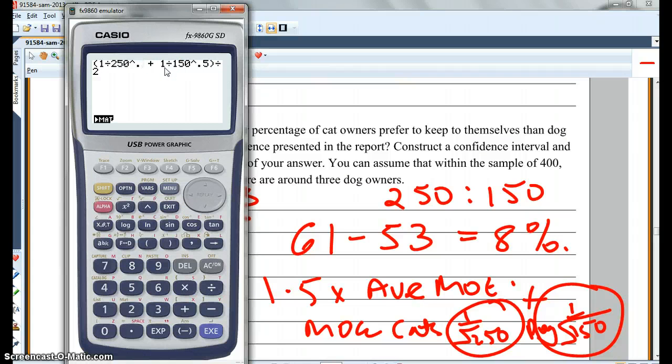Maybe I can't have spaces. And we're dividing by 2, okay. So then we need to times that answer by 1.5. So I've got 10.9%.